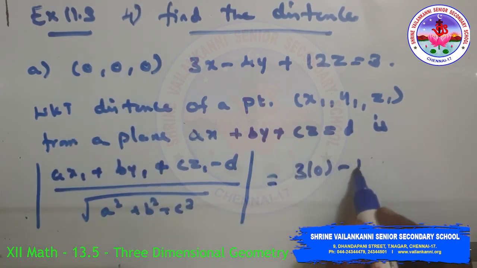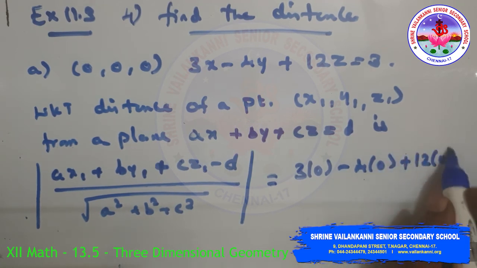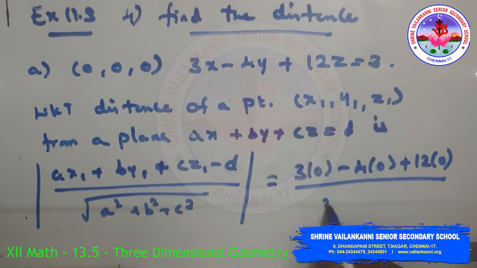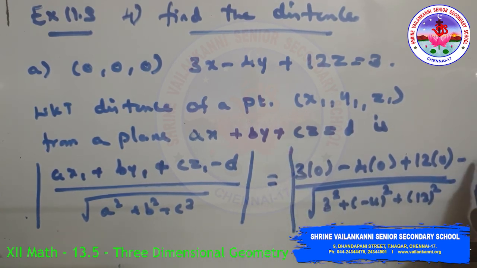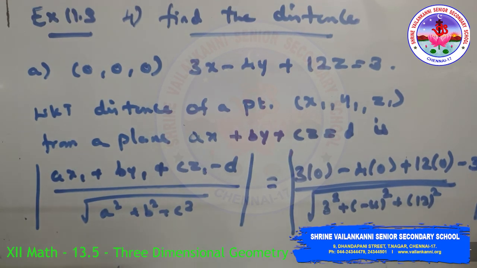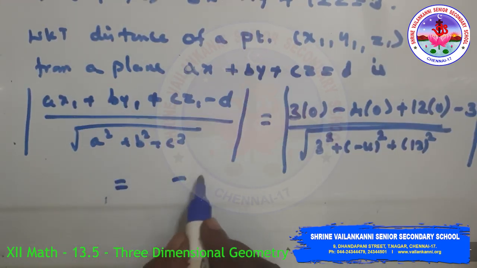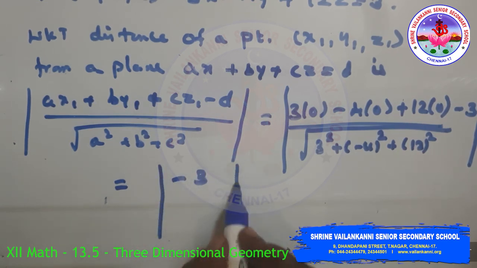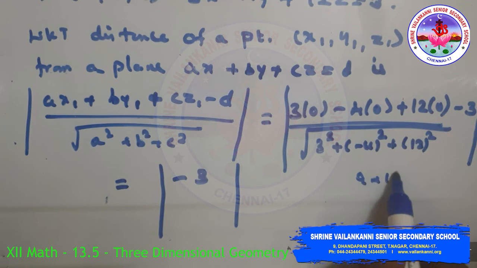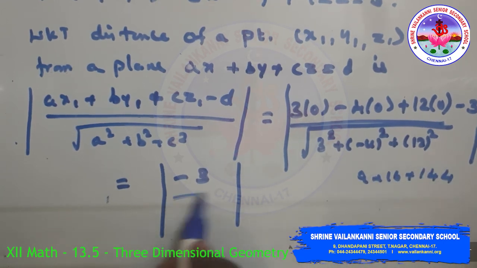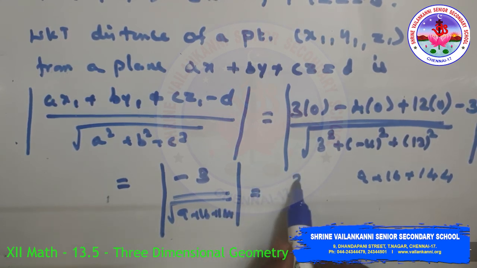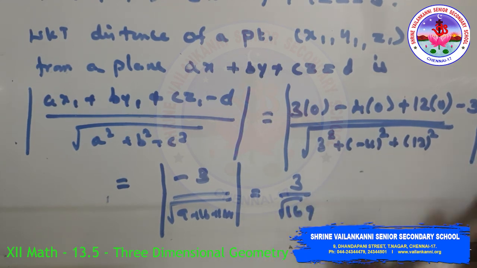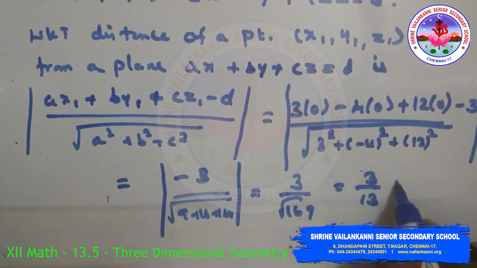So 3 into 0 minus 4 into 0 plus 12 into 0, minus d which is minus 3, whole divided by root of 3 square plus minus 4 whole square plus 12 whole square, which is equal to minus 3 by root of 9 plus 16 plus 144. That is 3 by root 169, which is 3 by 13 units.